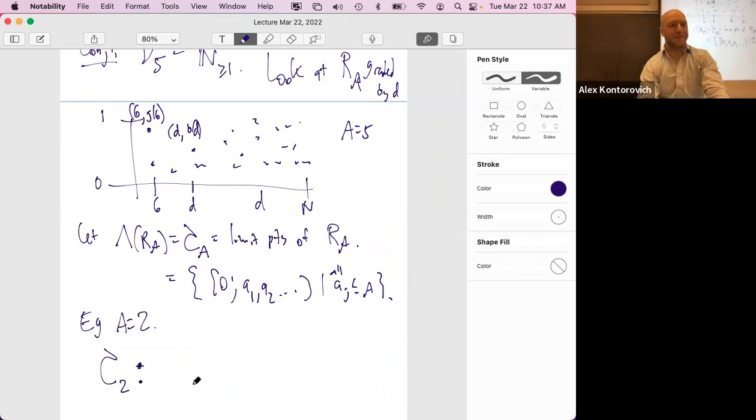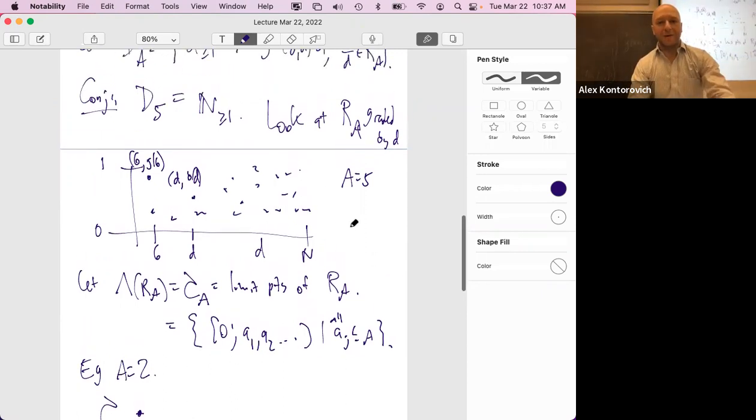Oh, Nick, you want to say something? I'm a little confused. What's this graph that we've drawn? So these are the pairs D, B over D, as B over D ranges in RA. So we graph all such points in RA. Above every D, you would like to know that there's at least one point.